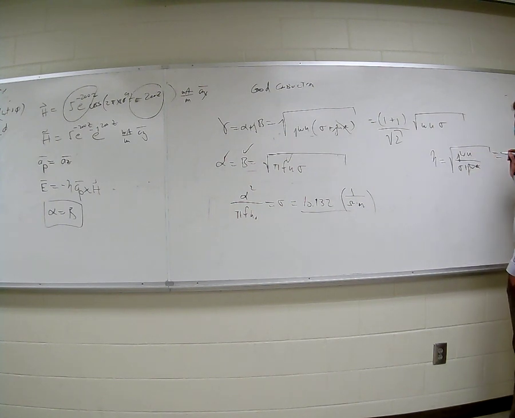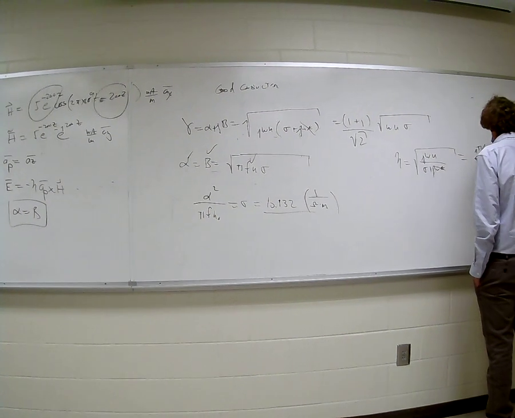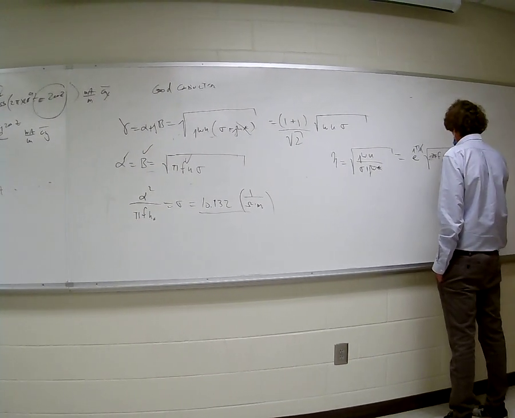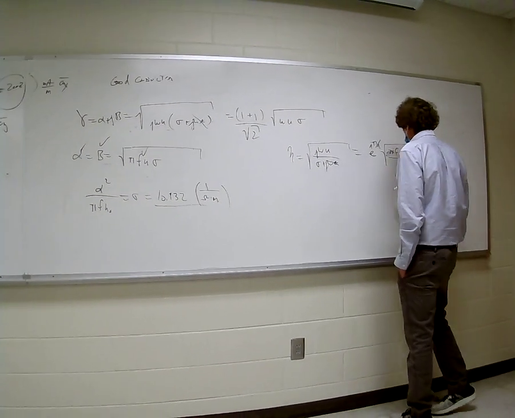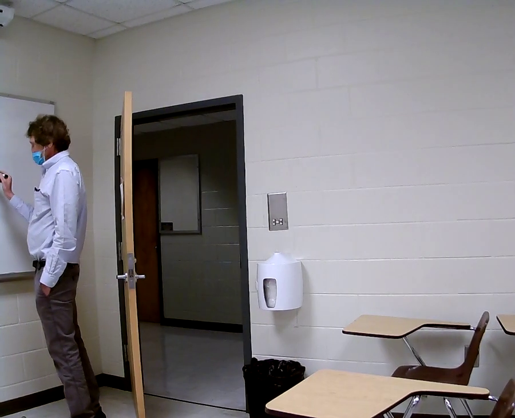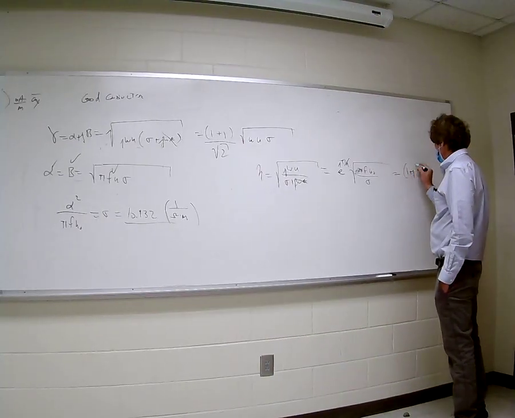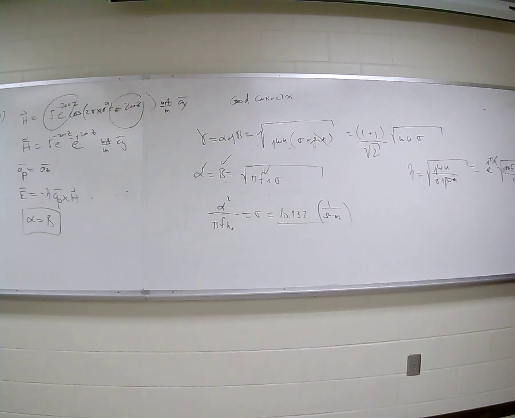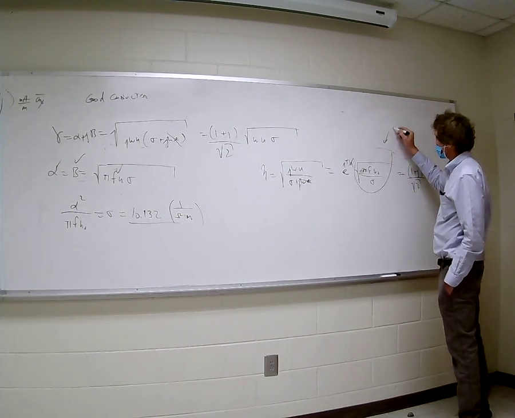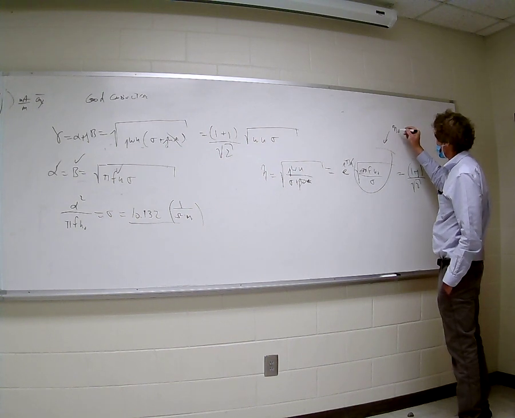So that means I have the square root of j, where I have just e to the j pi over 4, times the square root of omega, call it 2 pi f, times mu naught over sigma. Now that's actually going to be 1 plus j over the square root of 2 times this eta naught here, call this eta naught, right?